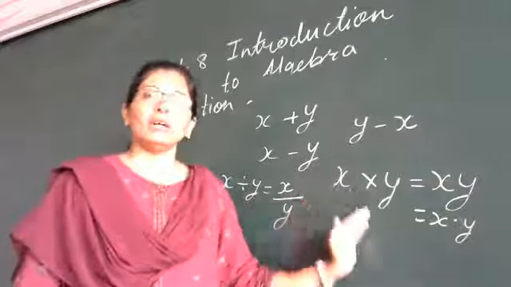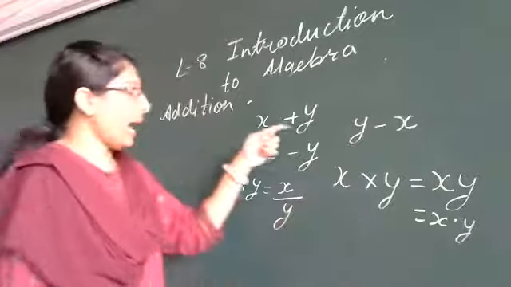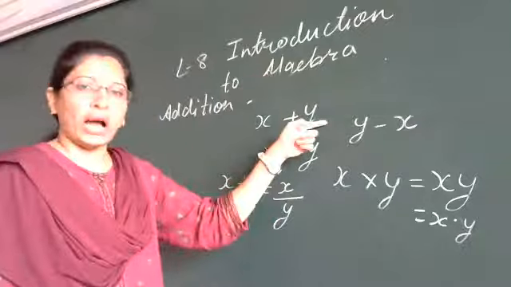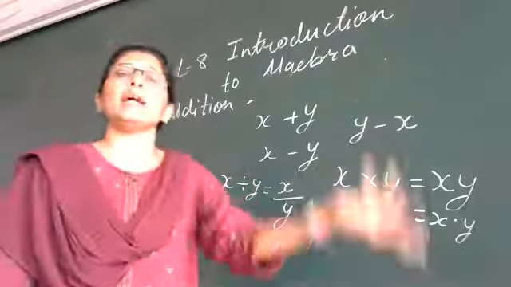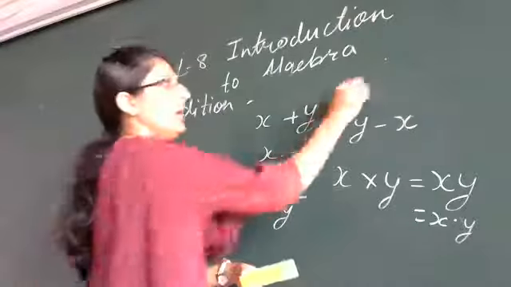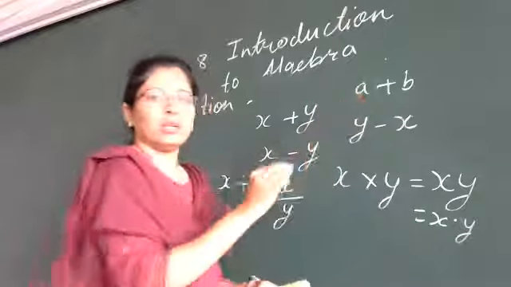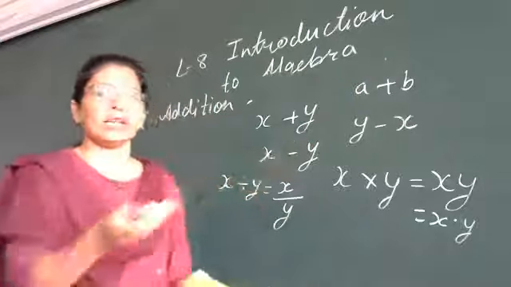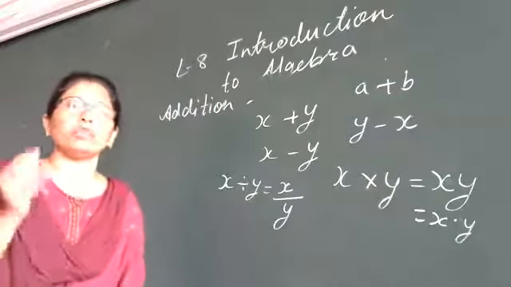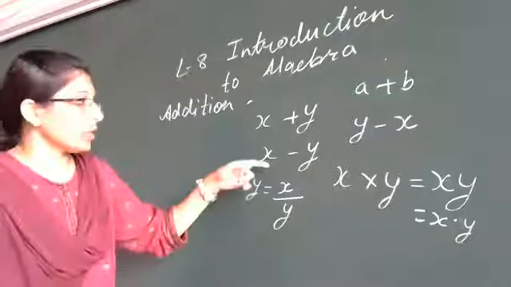So this is how we can write the variables in algebra. How? In addition, x plus y or y plus x also. Or we can take any other alphabet also. A plus B, B plus A, or x plus y, any alphabet, any small letter we can take here.